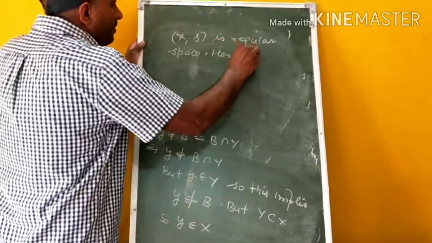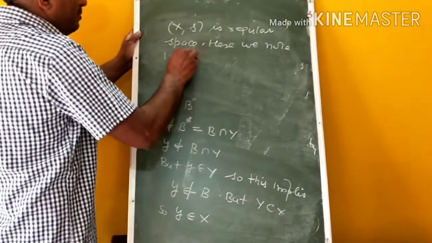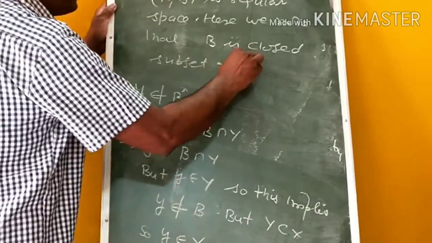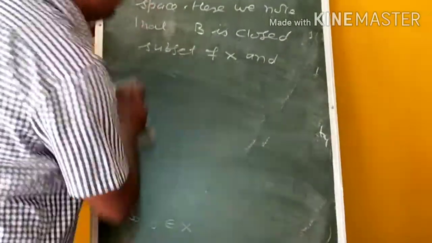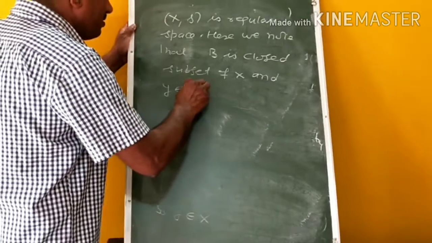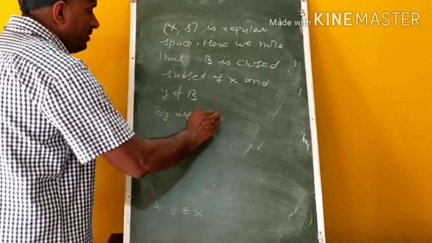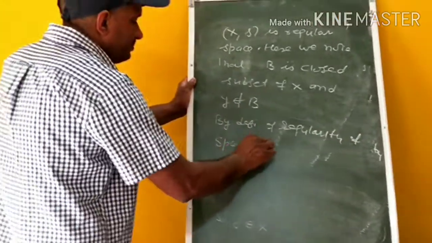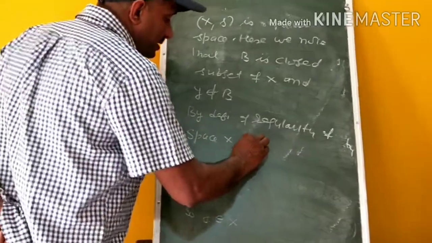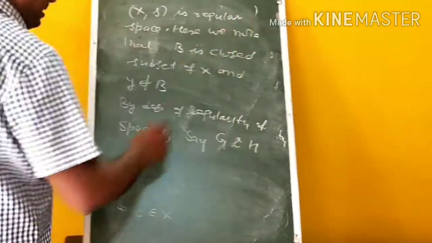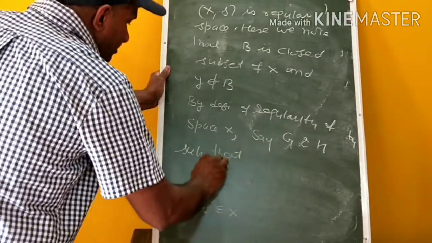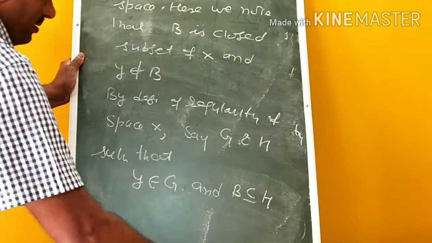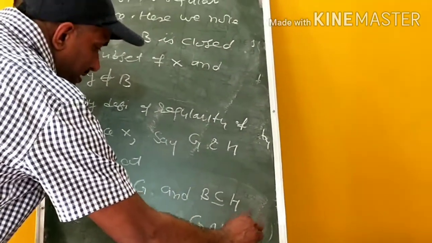Here we note that B is a closed subset of X and y is an element which does not belong to B. So by the definition of regularity of space X, we can find two disjoint open sets, say G and H, such that y belongs to G and B is contained in H, provided G intersection H is empty.